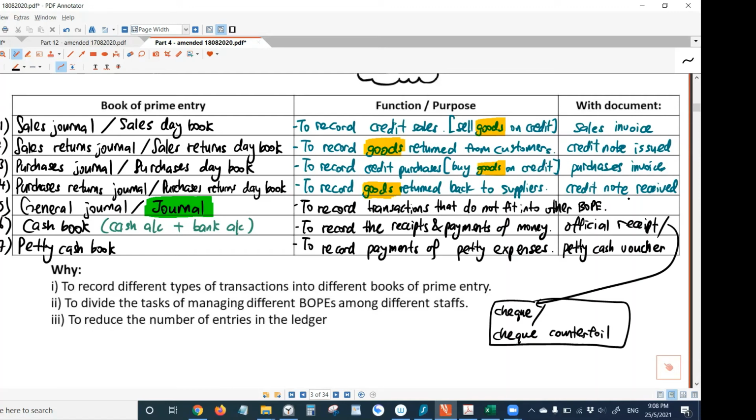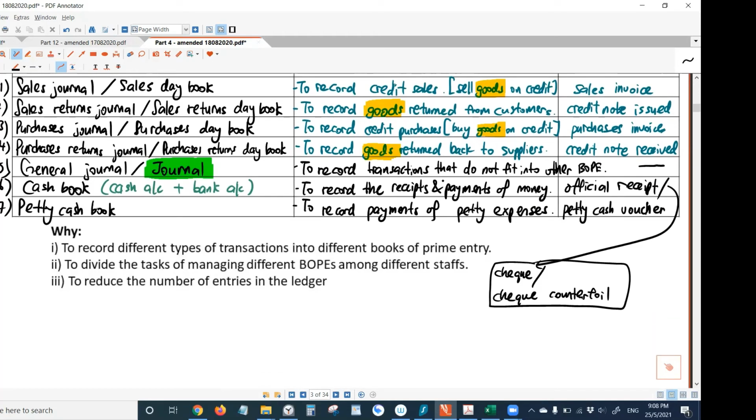BOP means board of prime entry. Document, you put a dash here because what document you use to record into it depends on what transaction it is. So that's the purpose of general journal. For transactions that do not fit into other board of prime entry, you record into the general journal.